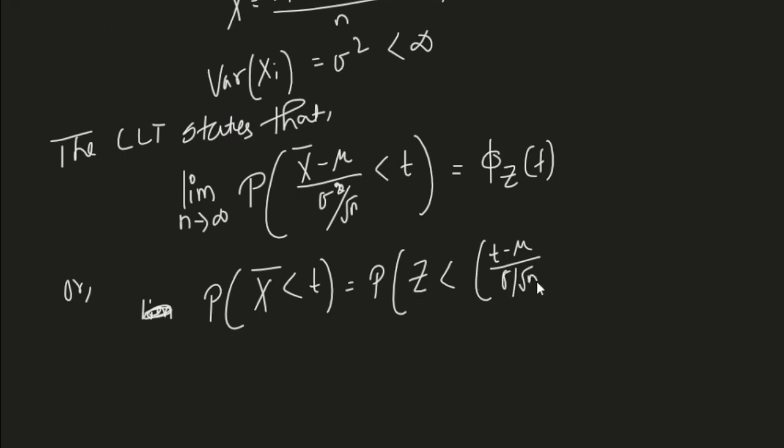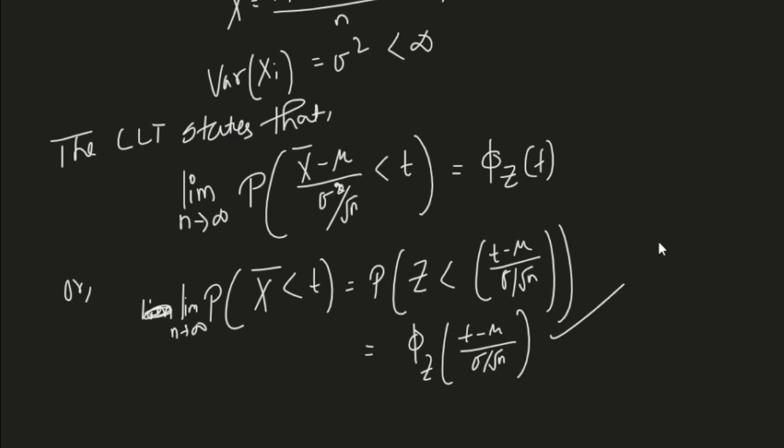Sigma by root n. Right, and this only happens when you have limit n tends to infinity. So it basically becomes phi of t minus mu by sigma by root n. So this is how the CLT works.